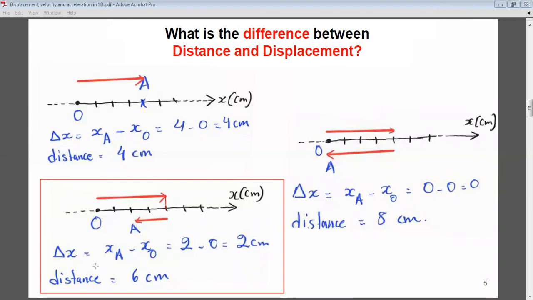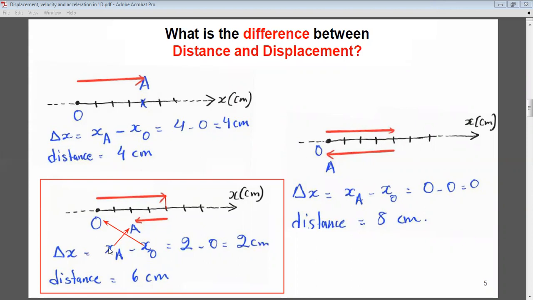Again, displacement is x final minus x initial. X final is x of A, x initial is x of O. What is x of A? X of A is here, it's plus 2, minus x of O, which is 0. So this is 2 centimeters.